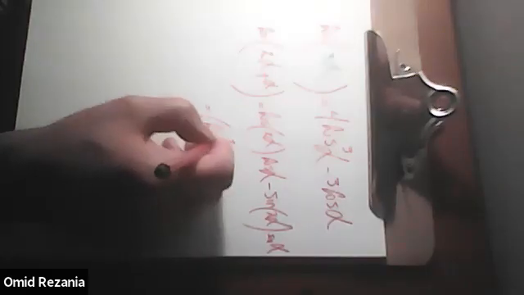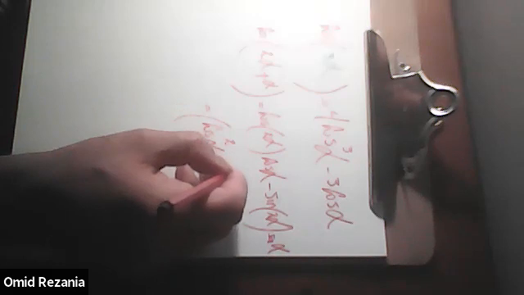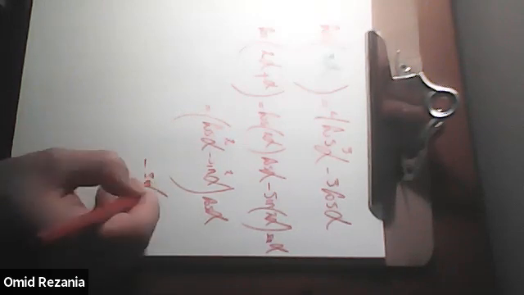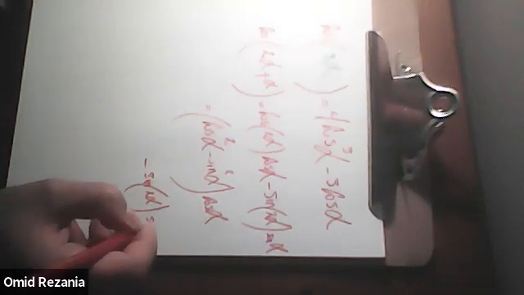Then it becomes cosine squared of the alpha minus sine squared of the alpha times cosine of the alpha minus sine of 2 alpha times sine of the alpha. And now at this stage, we see that we have sine of 2 alpha. You see this, guys? Sine of 2 alpha, that's where we are stuck now.